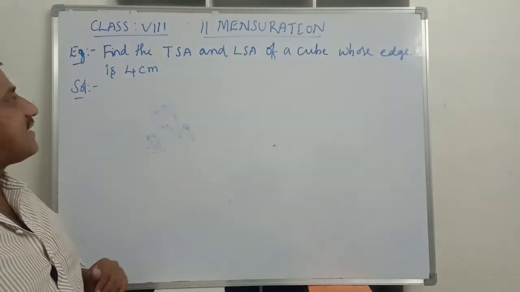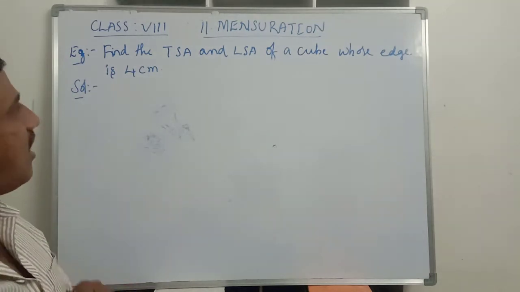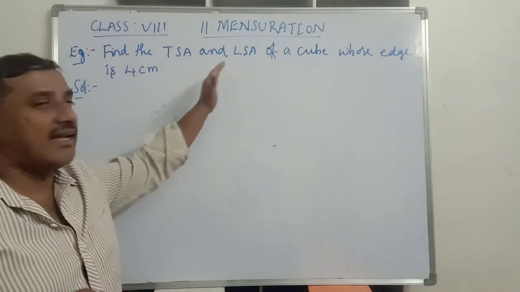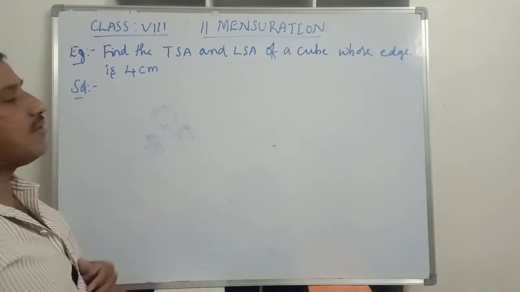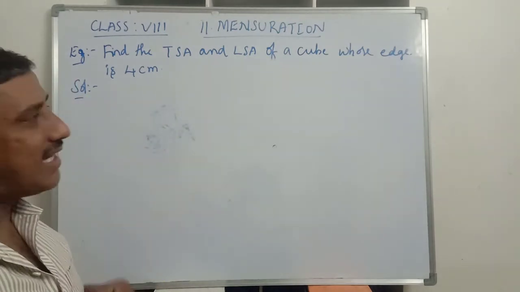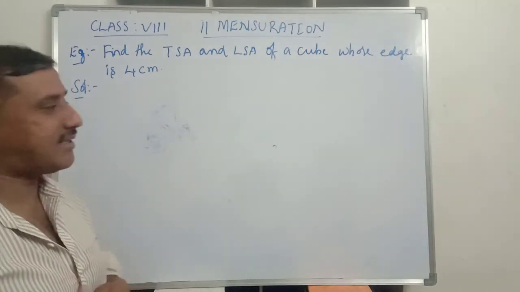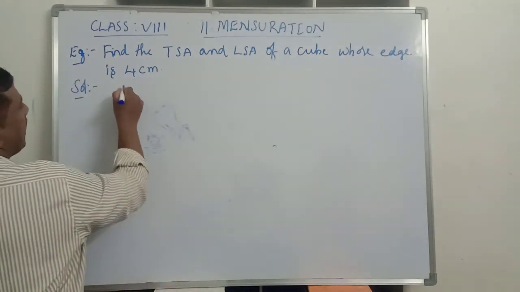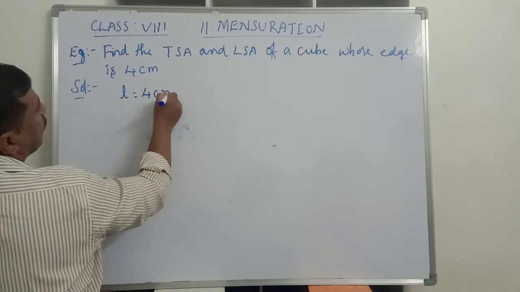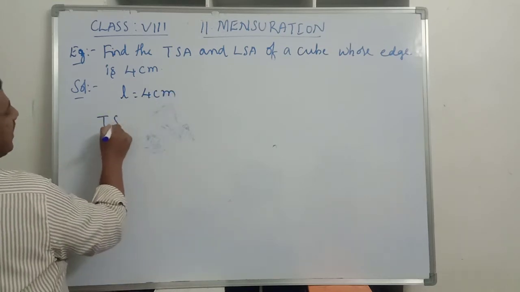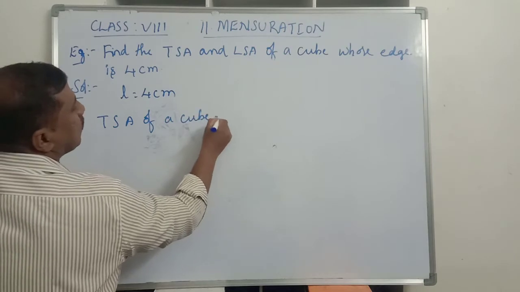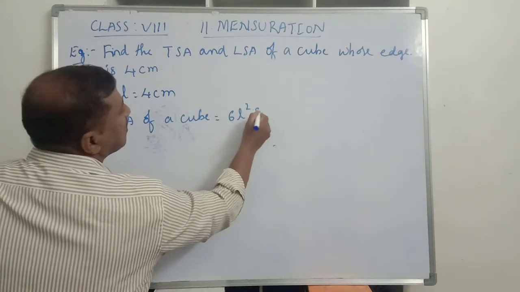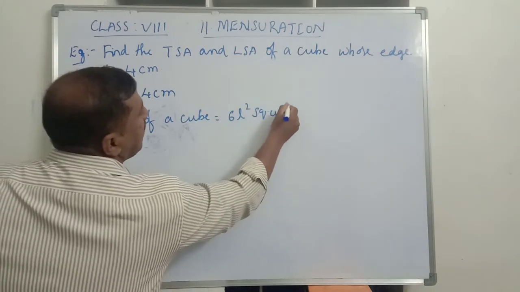Find the TSA, that is total surface area, and LSA, that is lateral surface area of a cube whose edge length is 4 centimeters. For the cube, it is given L equals 4 centimeters. TSA, total surface area of a cube, is equal to 6L square units is the formula.